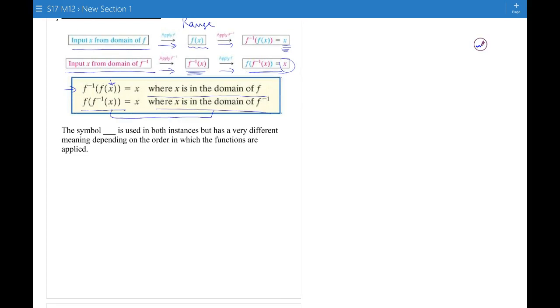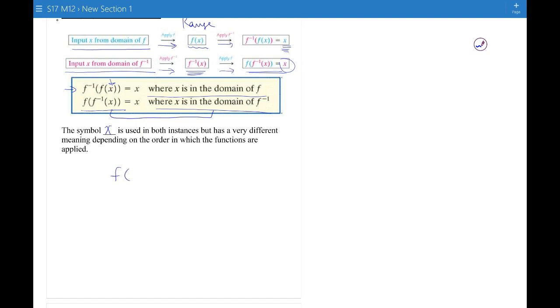of f inverse. So the symbol that's used in both cases, that's the x, which is just a symbol, has a very different meaning depending on the order of application.